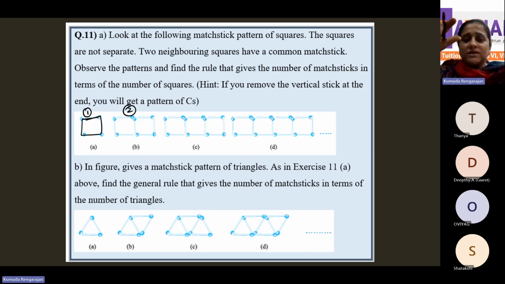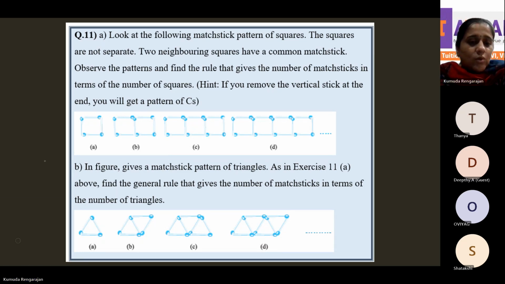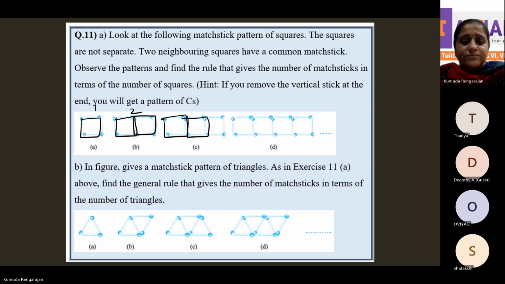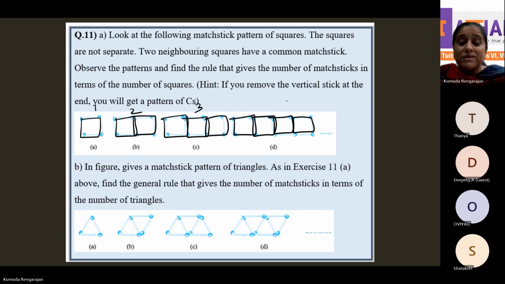Here we have 1 square. Here we have 2 squares, stuck to one another. Here we have 3 squares, stuck to one another. 4 squares, stuck to one another.